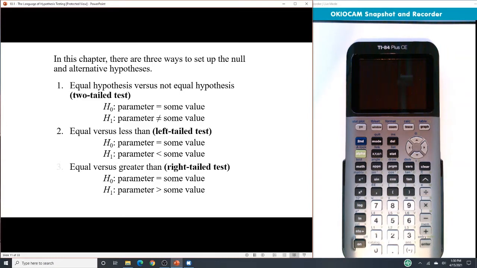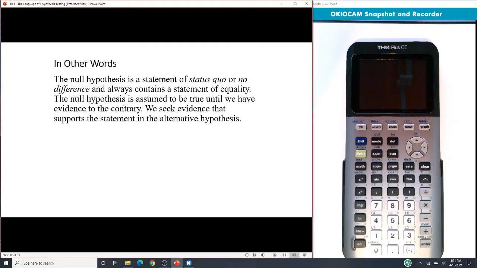Now notice the H naught always has the equals, and H1, our alternative hypothesis, always has one of those signs: either not equals, less than, or greater than. Now the null hypothesis is the status quo. That is our baseline, and we're looking to see if it's true or if our alternative hypothesis contradicts that.